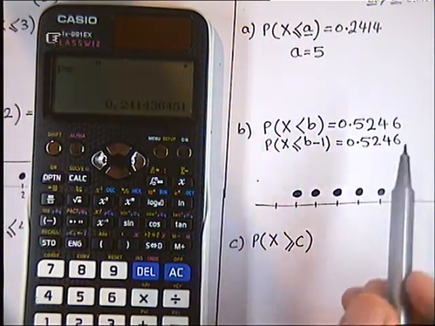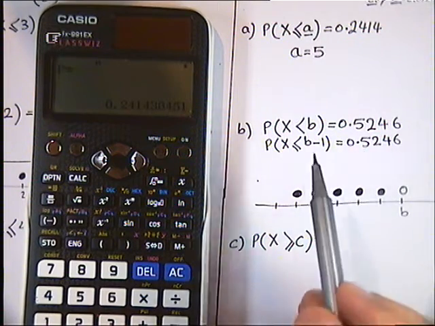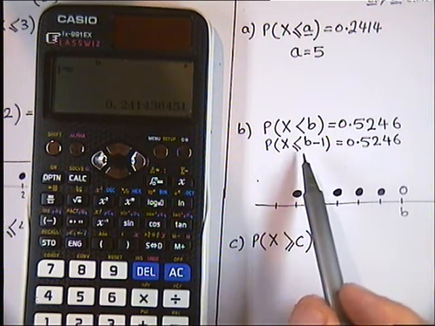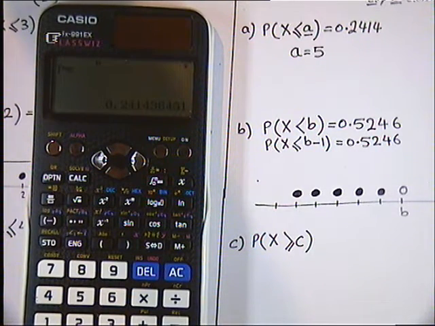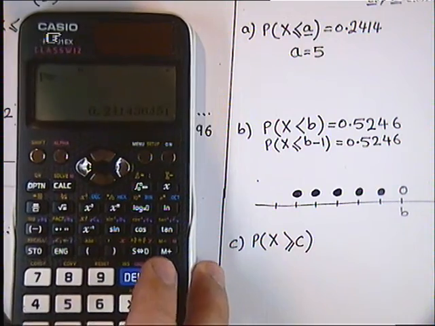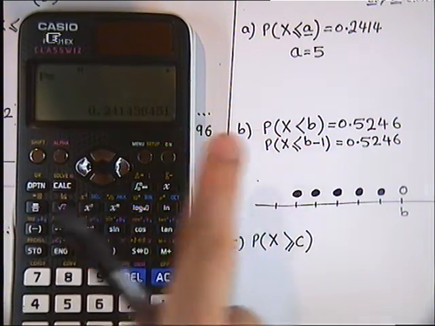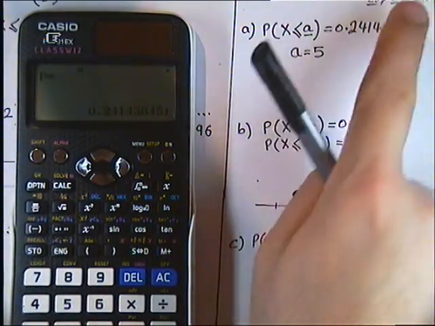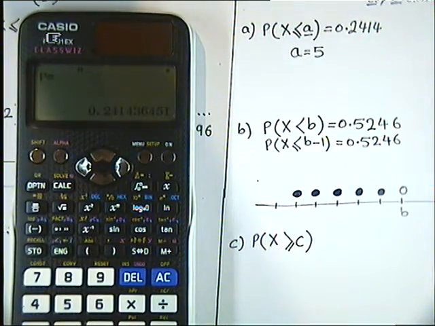Meaning, any value I find for this, I have to take away 1 from that. Okay, so let's see what's the value. So we already worked out up to 5 for the same lambda, 7.5, which was 0.2414.